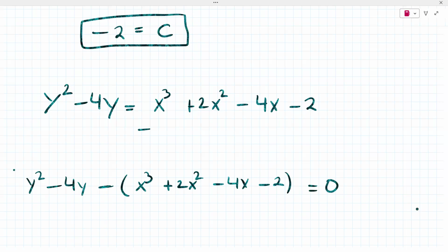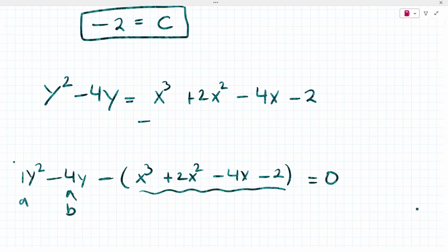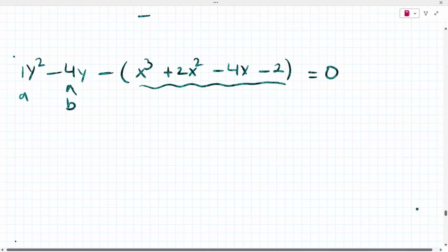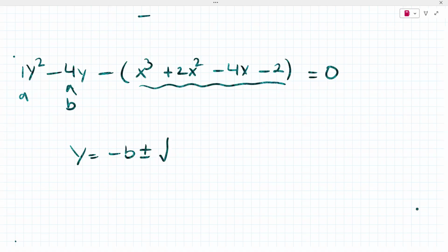And what would I do next is, this y squared's coefficient 1 is your a, your b is this -4, your c is this whole thing. So if you recall, the quadratic formula is y equals opposite of b plus or minus root b squared minus 4ac all over 2a.